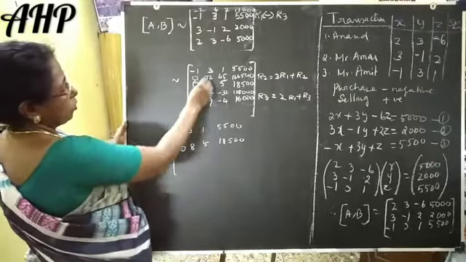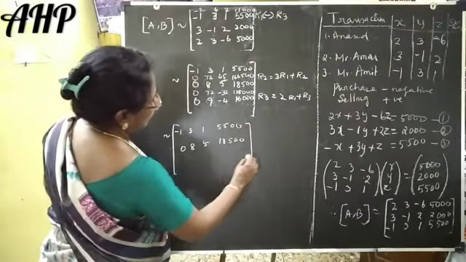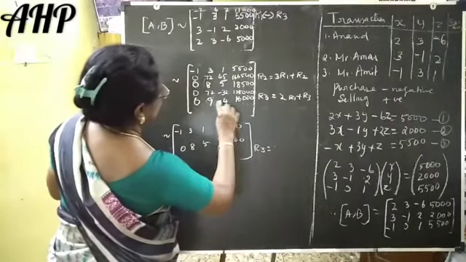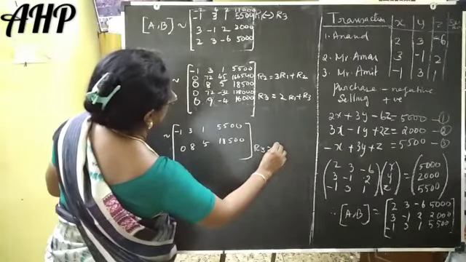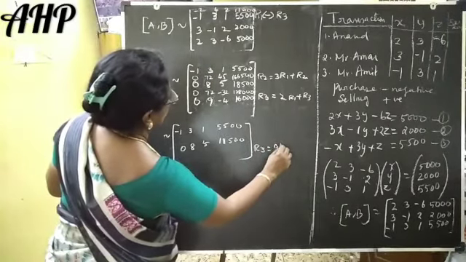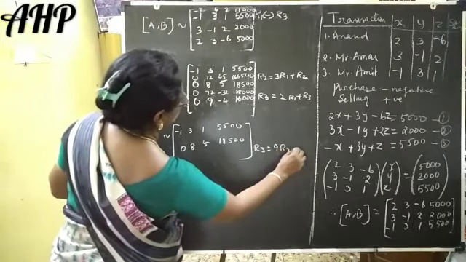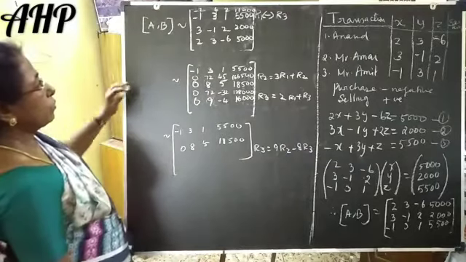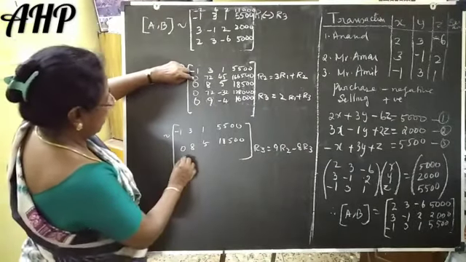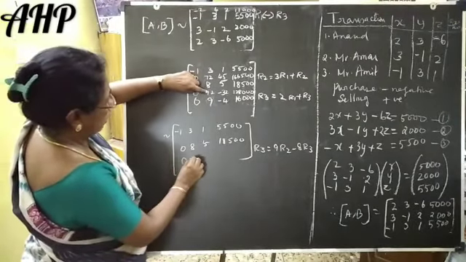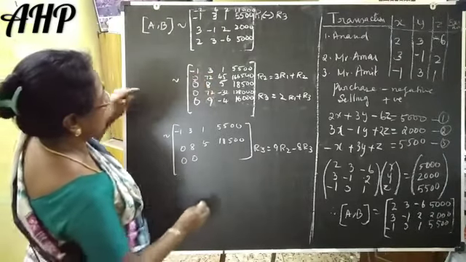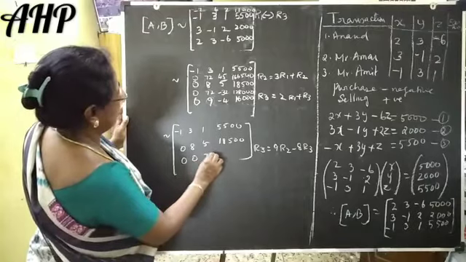So now we are supposed to subtract one from the other. So R3 is equal to 9R2 minus 8R3. So this gives 0 minus 0 is 0, 72 minus 72 is 0, 45 minus 32 will give you 77.